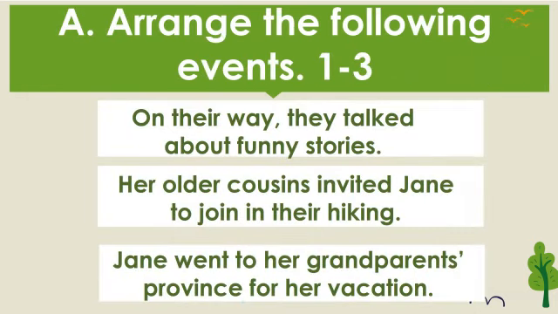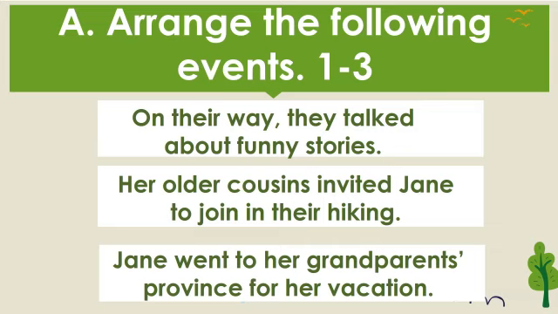Arrange the following events. Let's number this from 1 to 3. Okay, I'm going to read the sentences, and then later we will arrange the events. On their way, they talk about funny stories. Her older cousins invited Jane to join their hiking. Jane went to her grandparents' province for her vacation.